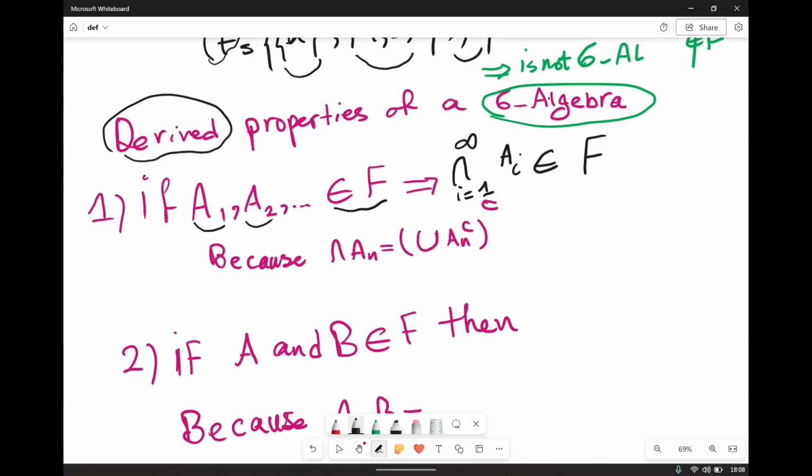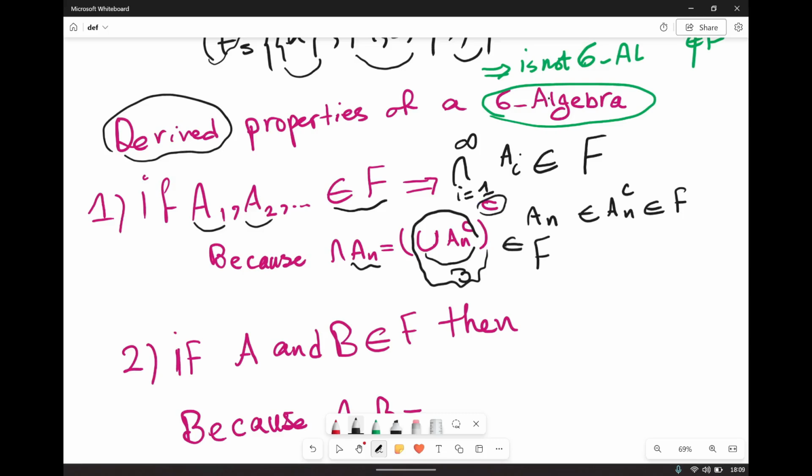Why? Because if you consider An is in our sigma algebra, we know the An complement is also in the sigma algebra by property 2, and the union of those is also in the sigma algebra by property 3, and after that the complement of this set also belongs to the sigma algebra, and these two sets are the same.